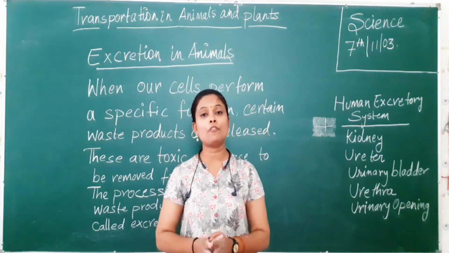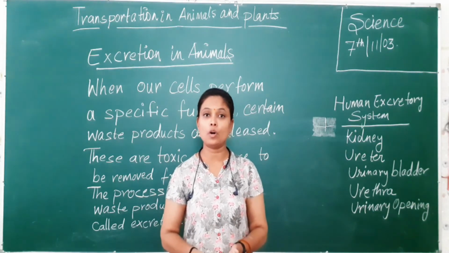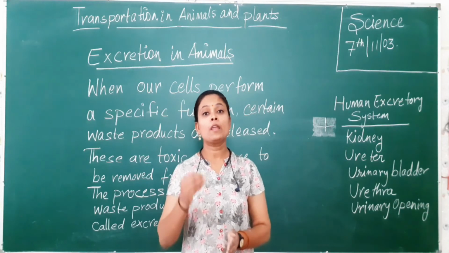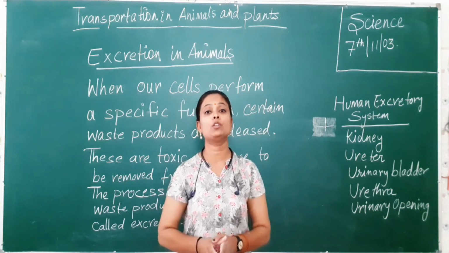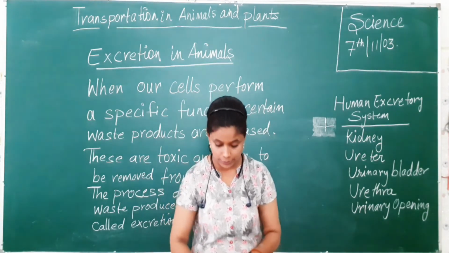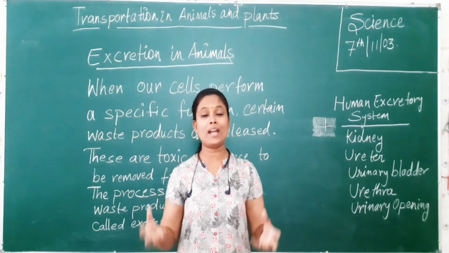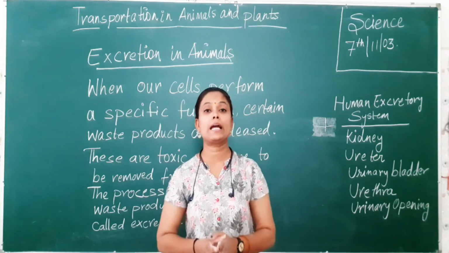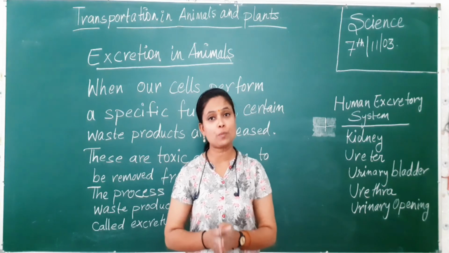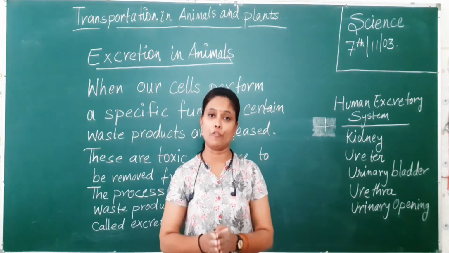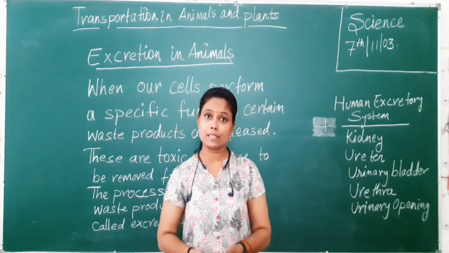The artificial filtering of blood for the betterment of life is done through dialysis. It's even given in your book that as waste products accumulate inside the body, they have to be removed. So for the removal of waste products, we need to do dialysis.